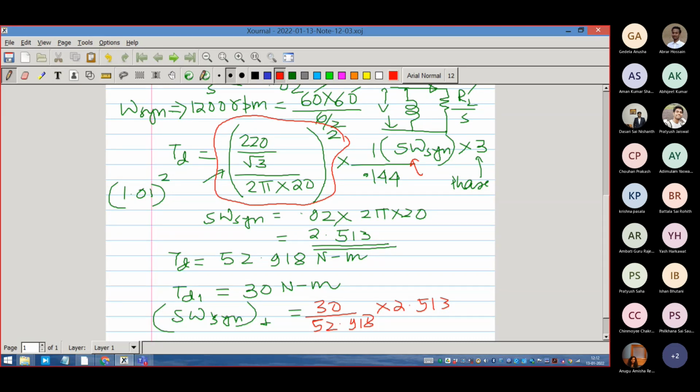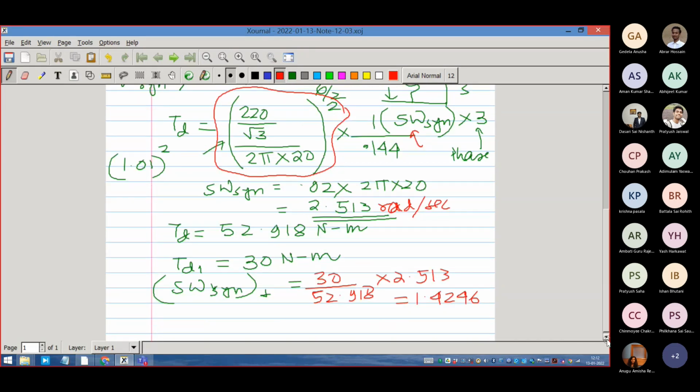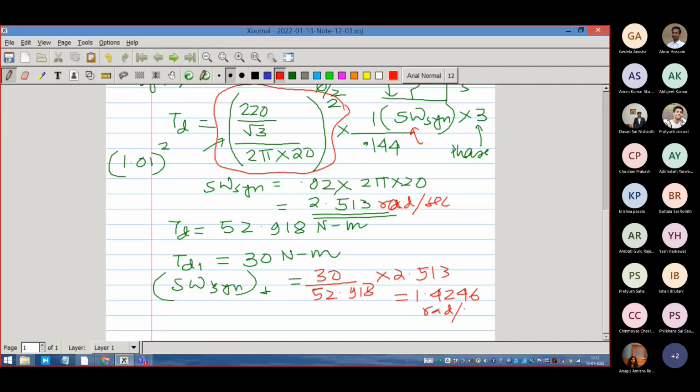It is coming out to be 1.4246 radian per second. All these numbers are in radian per second.